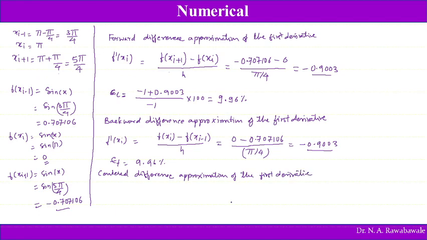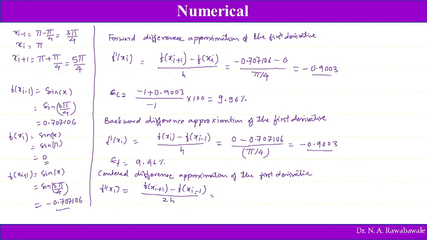F dash of xi is equal to f of xi plus 1 minus f of xi minus 1 divided by 2h.